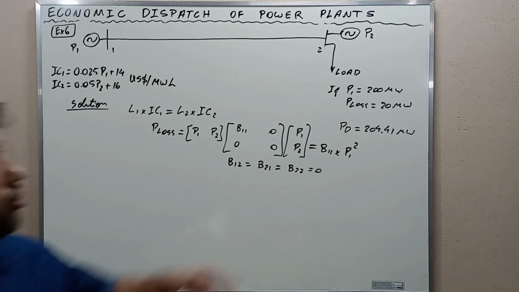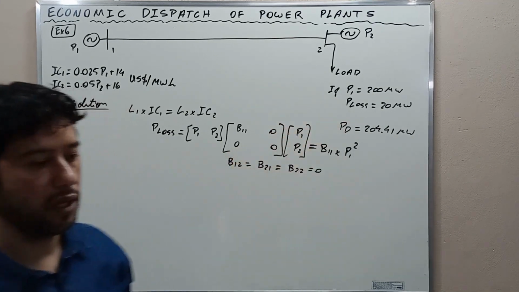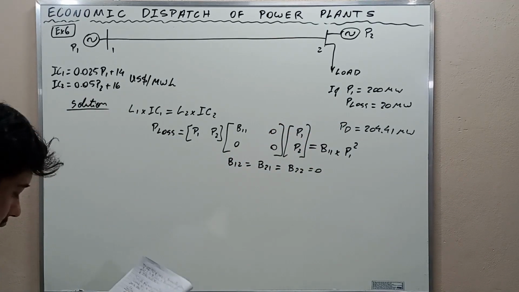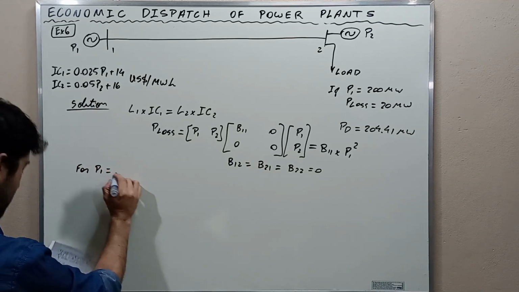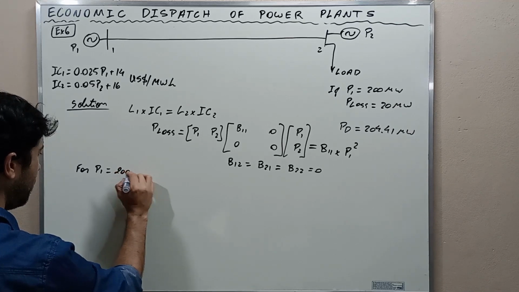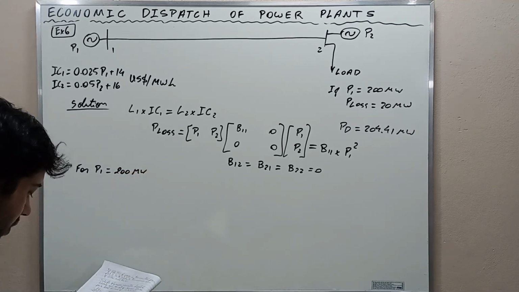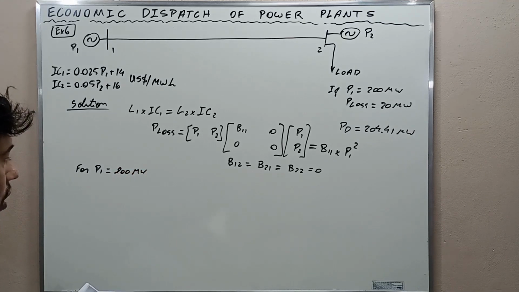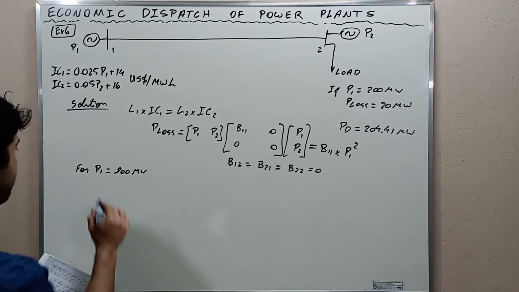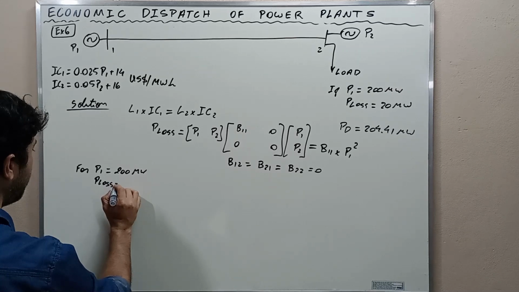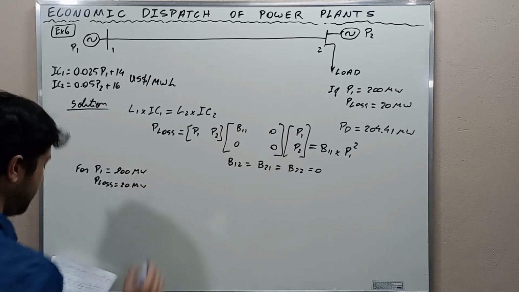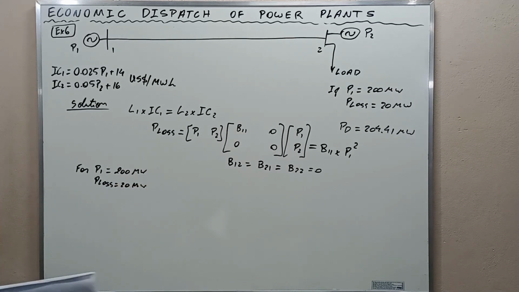Now let's use the condition stated by the exercise for P1 equal to 200 megawatts. We have a loss of 20 megawatts, okay, as the problem stated.